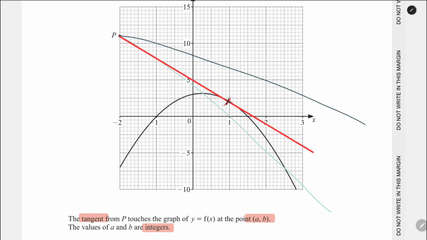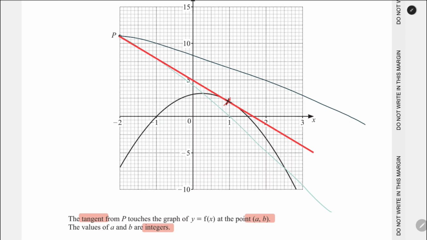Now I need to write down the coordinates of that point. Here is when you need to look closely at your graph and understand the scale. On the x-axis, 10 little boxes make up 1, but on the y-axis, 10 little boxes make up 5. So that means 2 small boxes is 1.